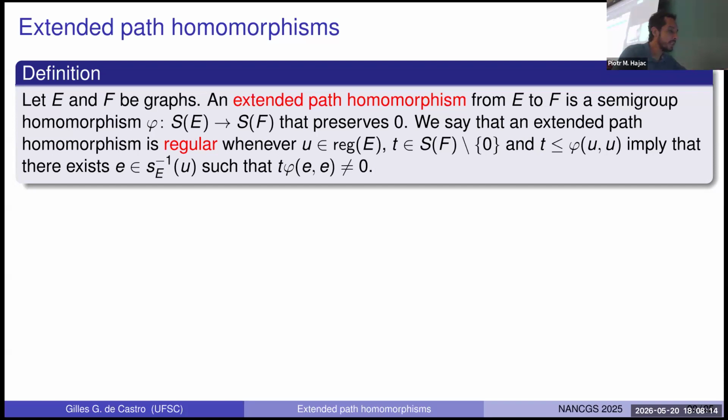And then, again, we have this notion of regularity. Except for the homomorphism between graphs, which is easy, just the image of a regular vertex, all the other definitions are usually tricky to say.